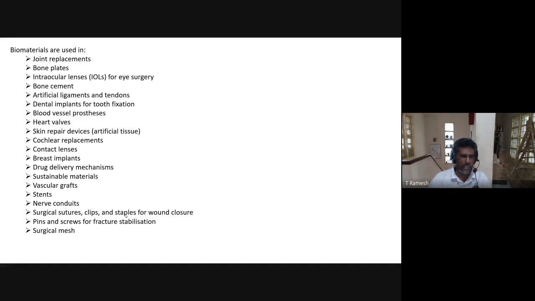The staples are biomaterial staples, which will be put in your skin so that it will completely close the wound. Then biomaterials are also used in pins and screws for fracture stabilization, surgical meshes, etc.